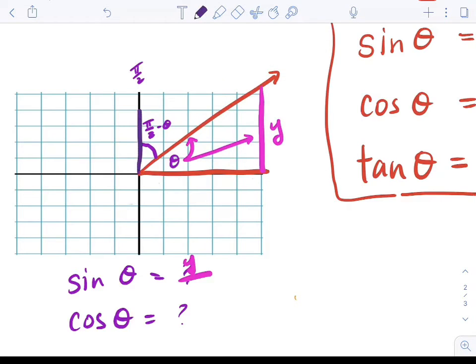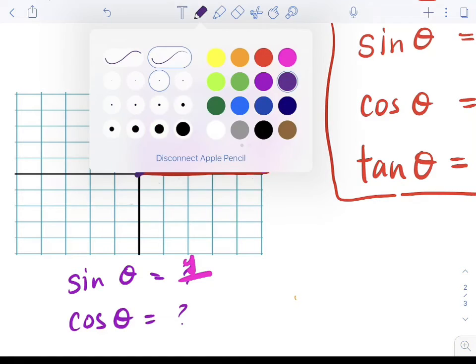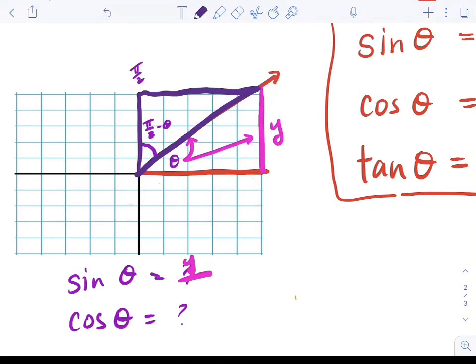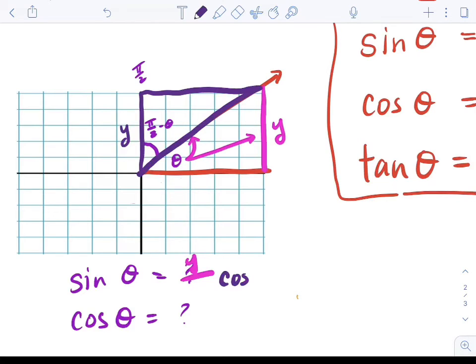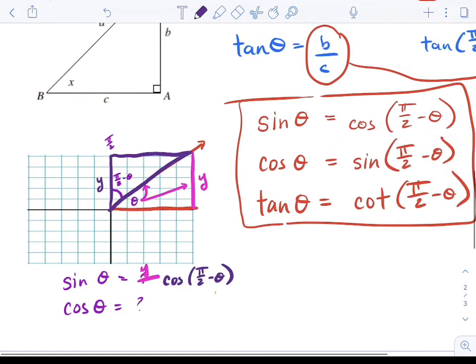Sorry, I'm changing colors a lot here, but let's imagine we have a triangle here. Purple one. What side of this triangle would be considered y? Well, that would be this side over here because it's how much we're going up from the origin. That'd be the adjacent side. What side's r? Well, it's still the radius over here. So to get y over r, I would have to be the adjacent side over the hypotenuse. Well, adjacent side over hypotenuse is cosine of pi over 2 minus theta. That's what we came up with. That was one of our identities that we made here, the first one.